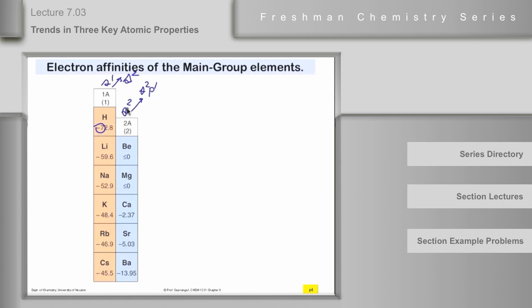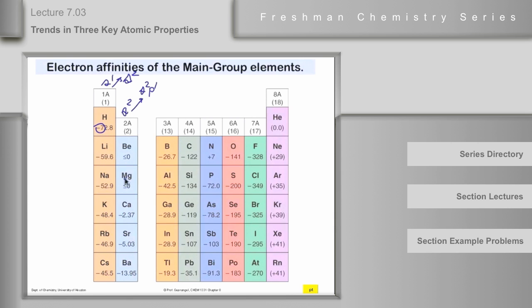So these elements, these atoms, have electron affinities which are pretty close to 0 or might even be positive in some cases. If you look at the group 3A to 4A to 5A to 6A, you have a p1, a p2, a p3, p4, p5, p6.